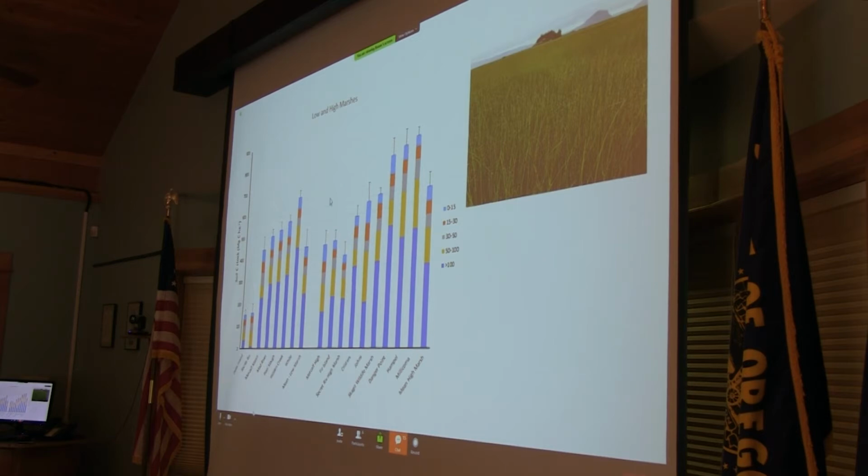High marshes, again, significantly higher ecosystem carbon stocks, ranging anywhere from about 300 in the marsh to as high as over 700 in Bell Marsh and Como Marsh, Danger Point. High marshes, South Slough, were very, very high carbon stock. These ecosystem stocks of the high marshes at the South Slough are some of the highest ecosystem carbon stocks of salt marshes measured anywhere in the world.